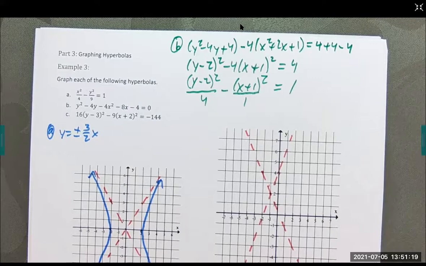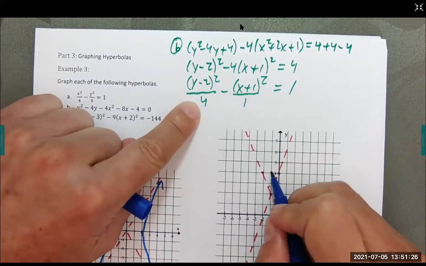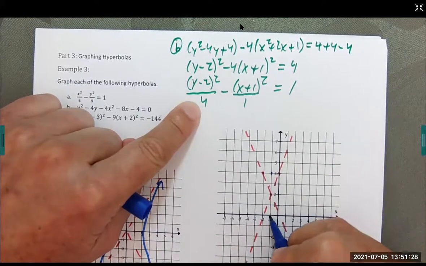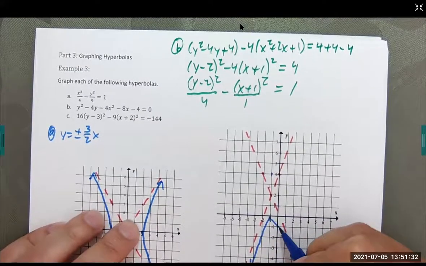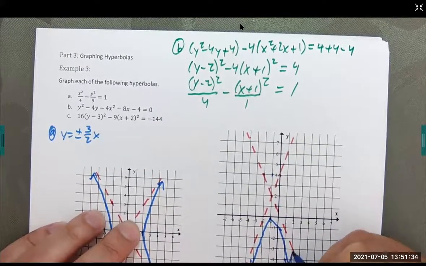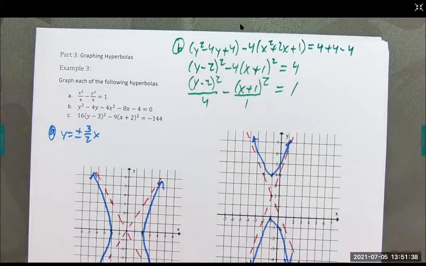So our minimum is going to be 2 in that direction. So 1, 2, we're there. Down 2, we're there. So there we are.